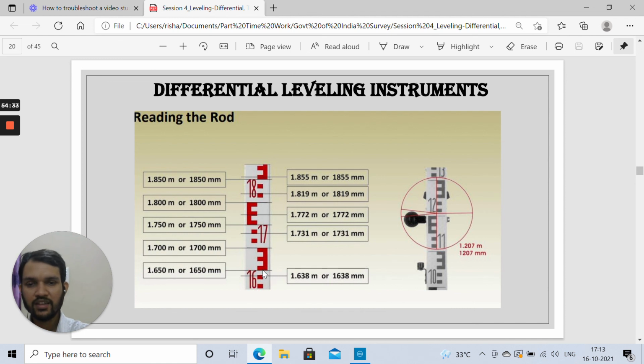Similarly, this will be 1.650, or 1650 mm. At the ends of E, you get the reading in 5. This is 1.65, this is 1.7, exactly below 17. This exactly below 16 would have been 1.600. This is 1.700. This will be 1.800.